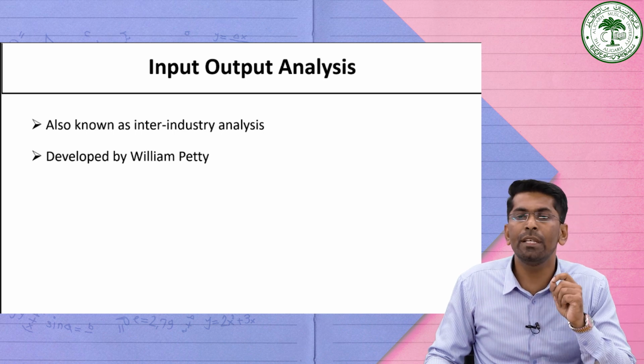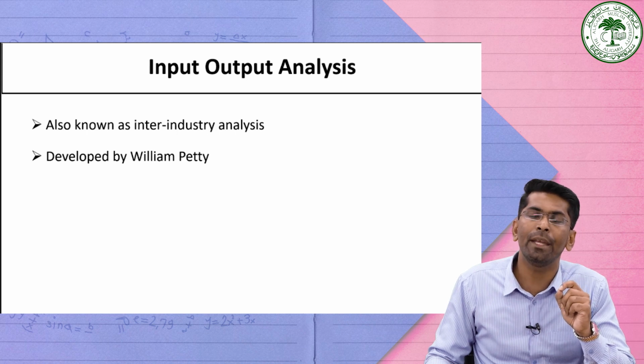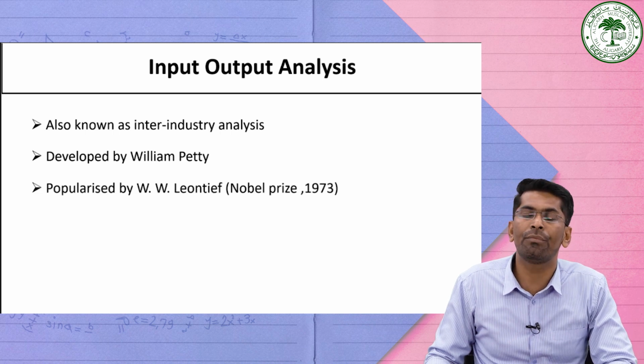The first historic breakthrough was made by the Russian-born US economist Wassily Leontief in the late 1930s, for which he received the Nobel Prize in Economic Science in 1973.